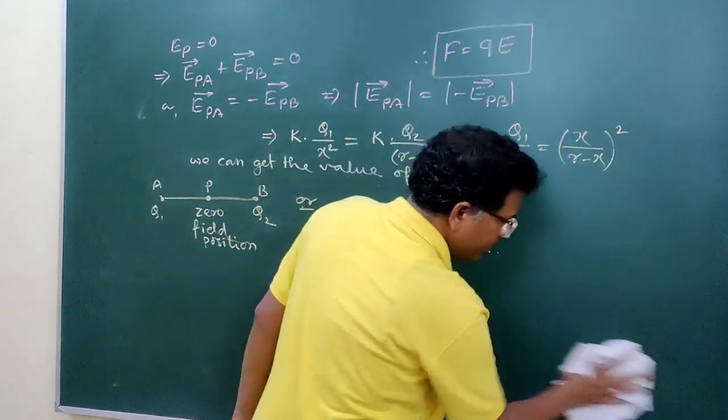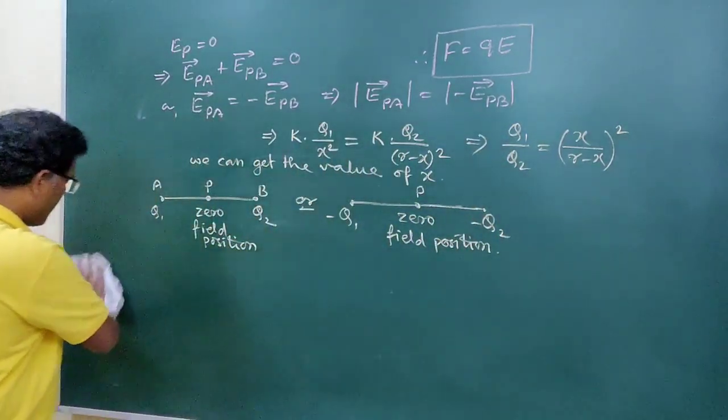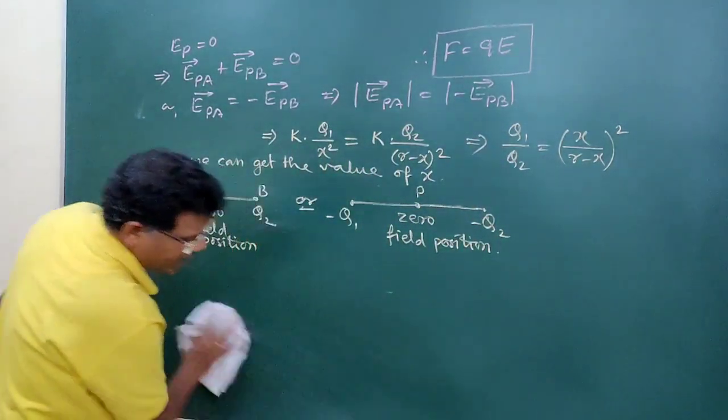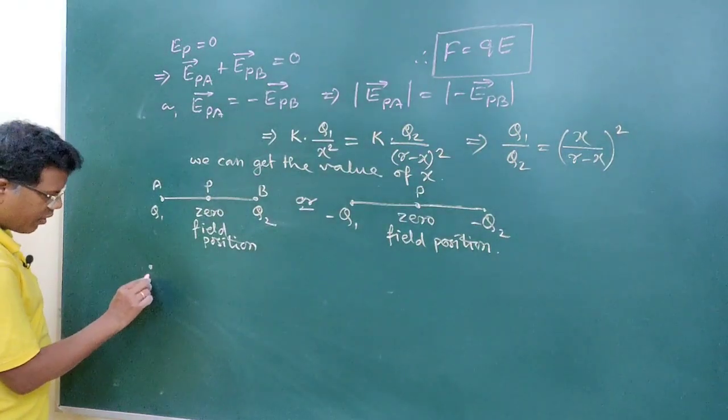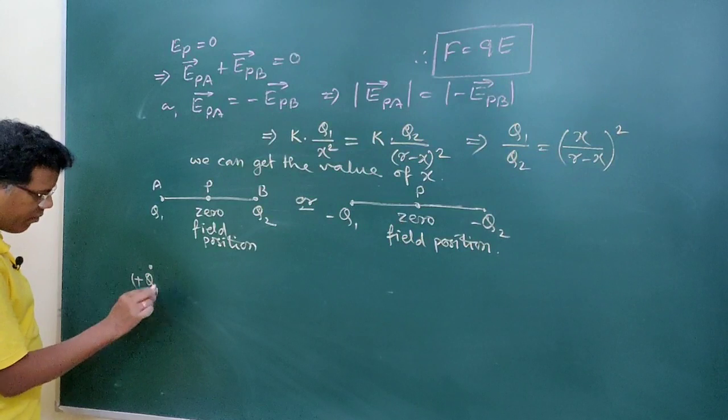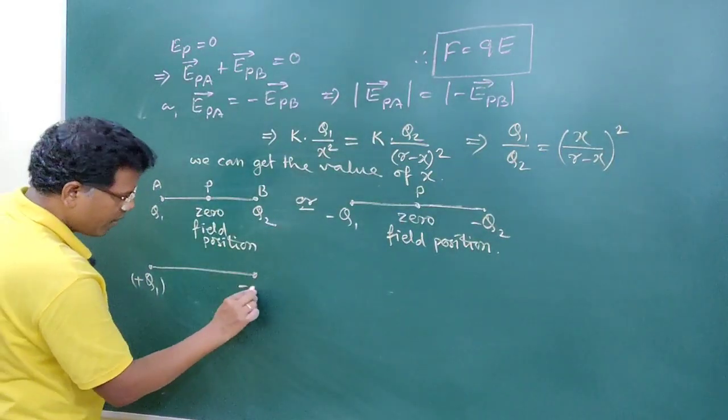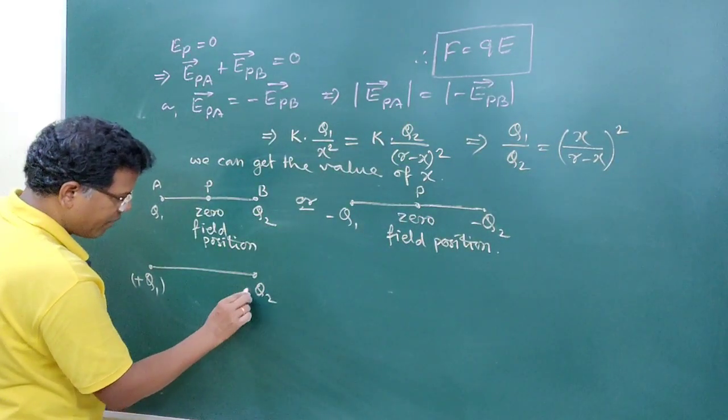What happens when these given charges are opposite in nature? For example, Q1 is positive but Q2 is negative.